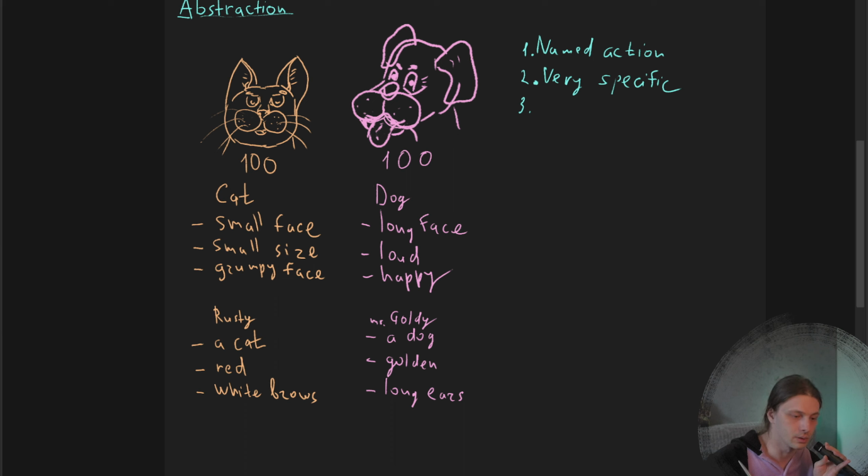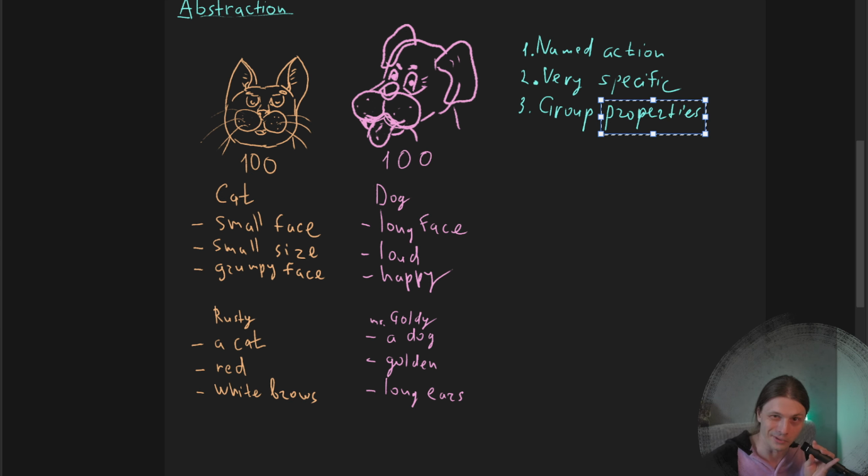So, what did we do? We grouped properties, and not just group, but group important properties. That's important.